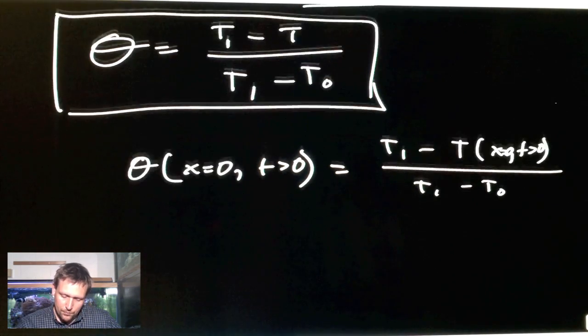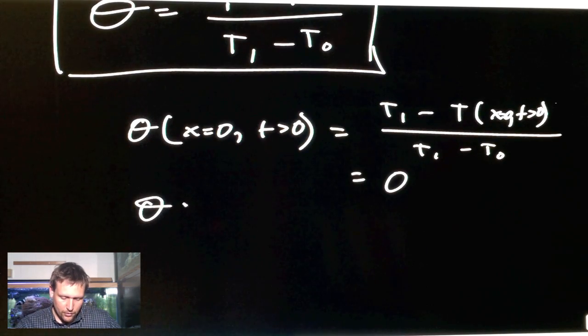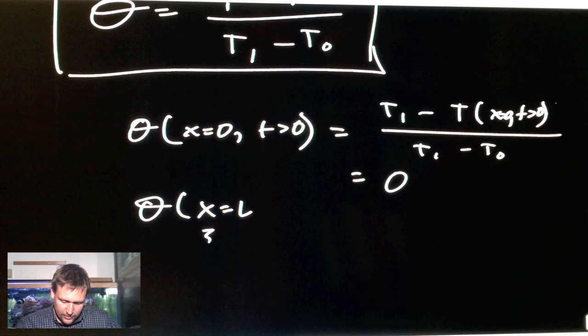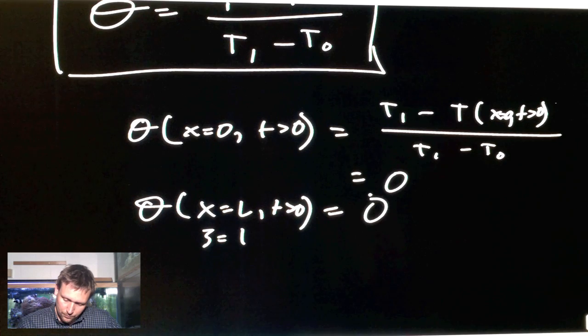What does this equal? This equals 0. The same thing can be shown for the right-hand side, x equals L, or in the future we'll show this as psi equals 1, time greater than 0, equals 0.